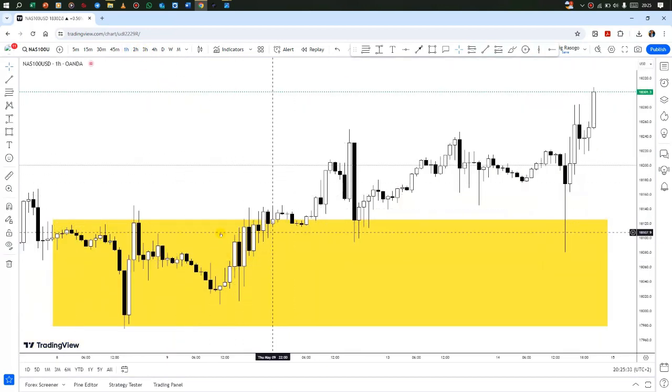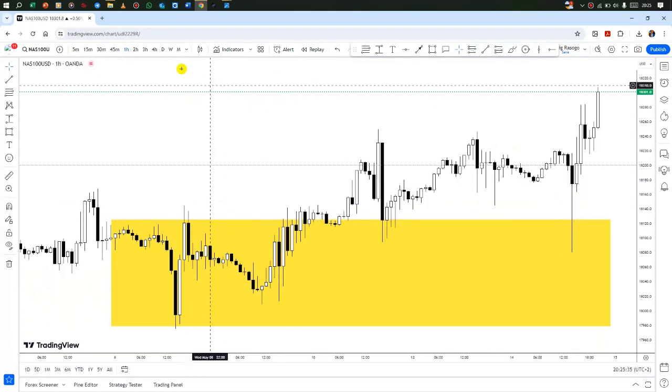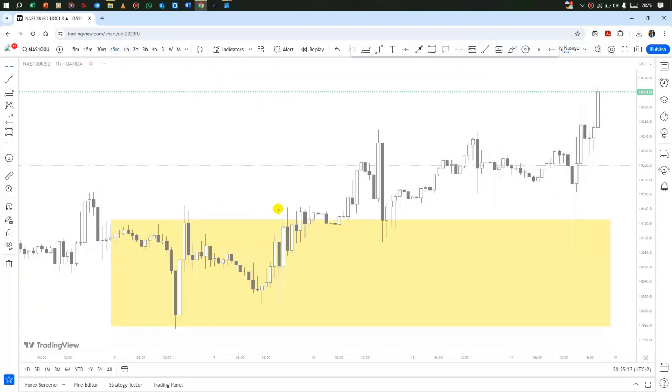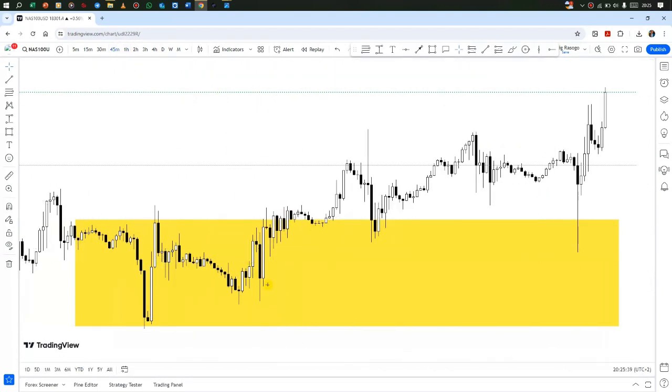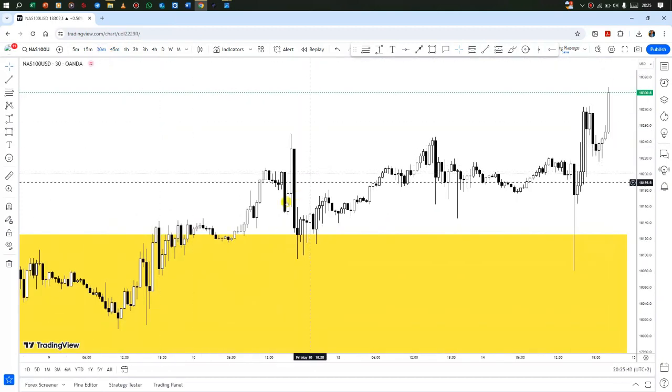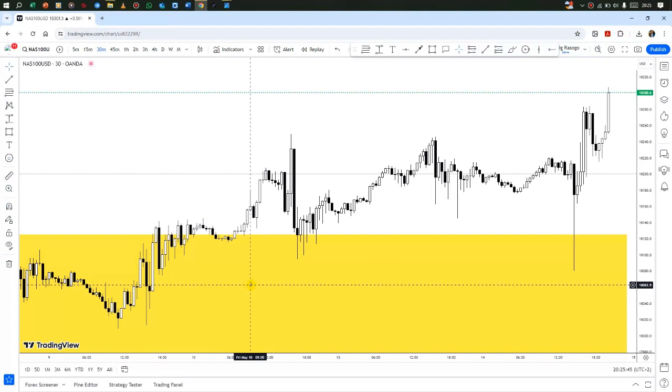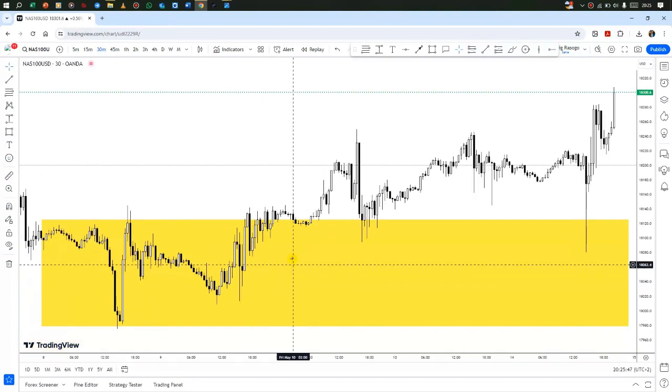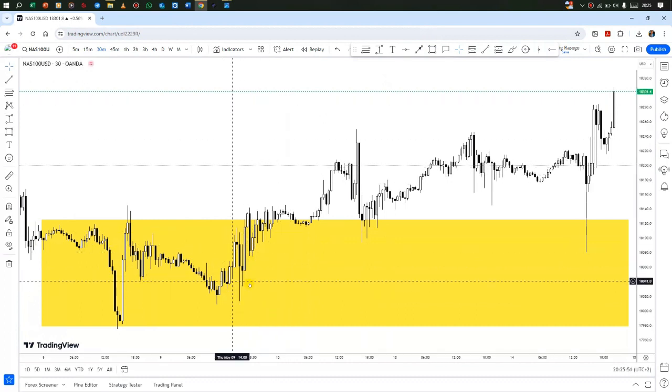As you can see, the market was very choppy around this area here. I highly doubt there is any high probable zone. It was a mess around this area, and the fact that there was fundamental news. So the only demand zone that we have around this area, as you can see, is here.